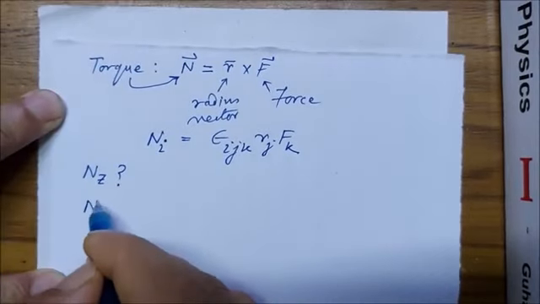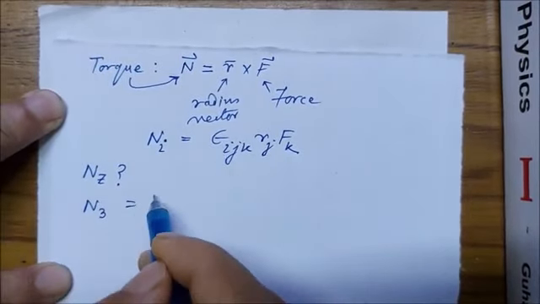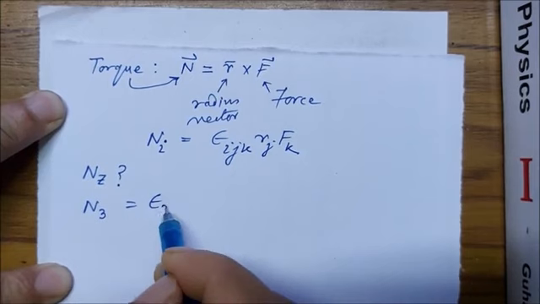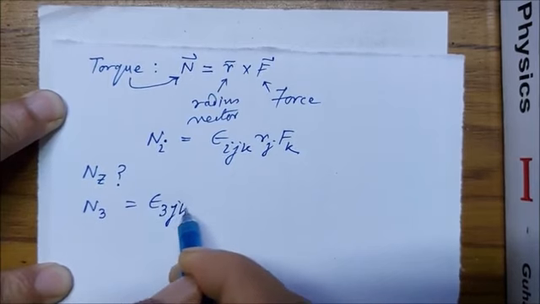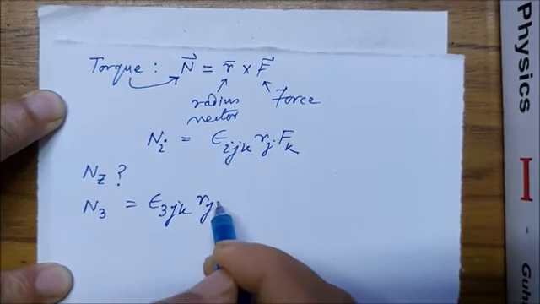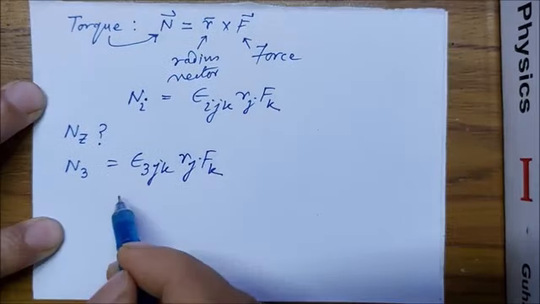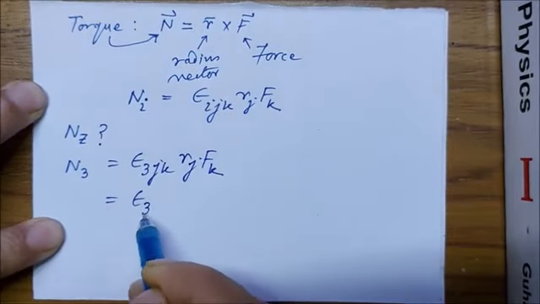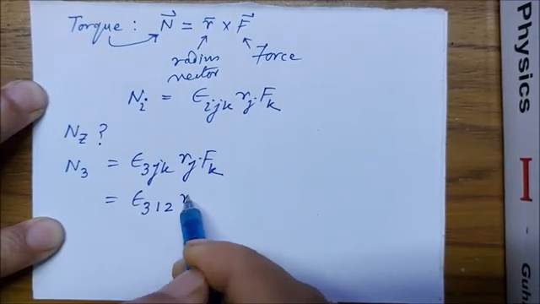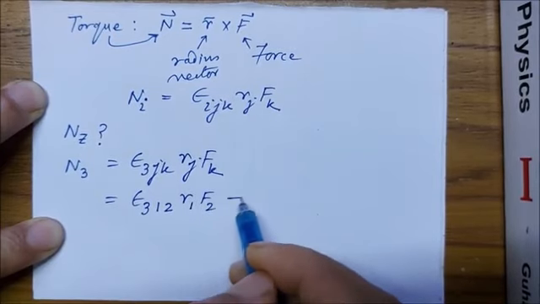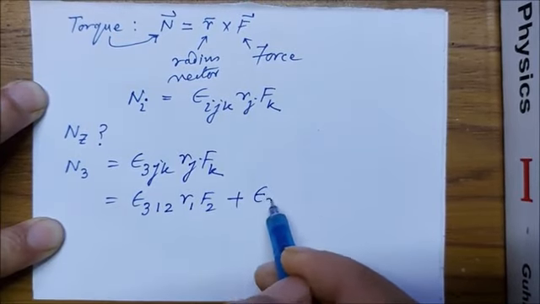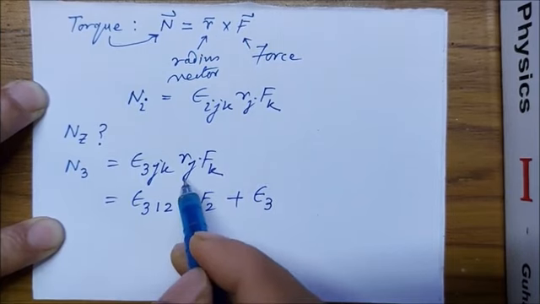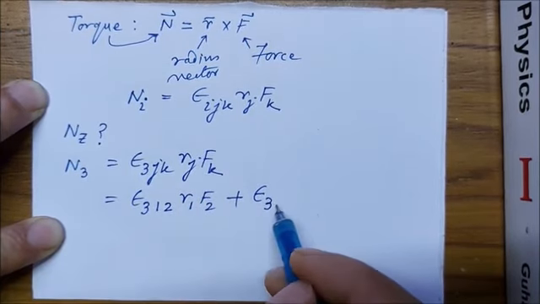Now Nz is N3, and therefore instead of i we will put 3, so we have epsilon_3jk r_j F_k. So let us expand and write it as epsilon_312 r1 F2, and the other combination that is possible is choosing j equal to 2 and k equal to 1.